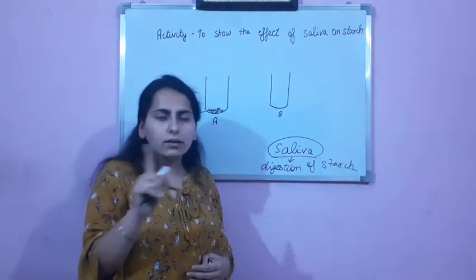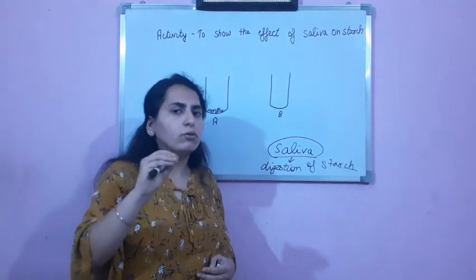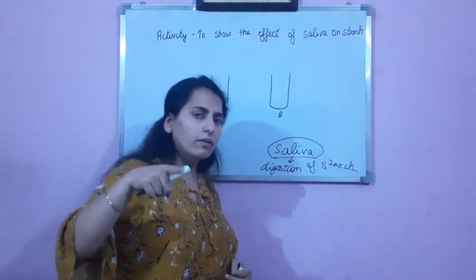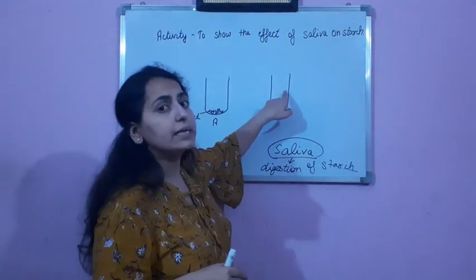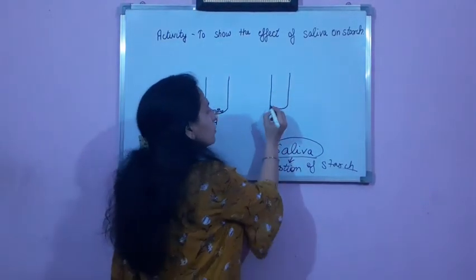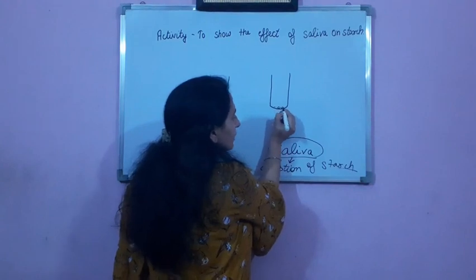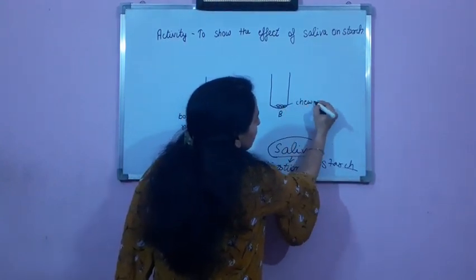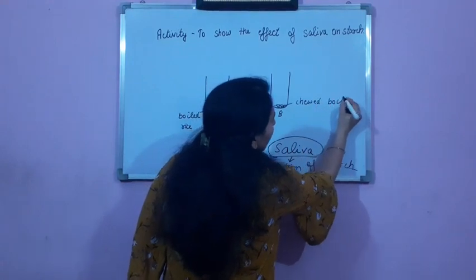Clear? Don't engulf it. Just chew it for 4 to 5 minutes, and then that chewed boiled rice we have to put in test tube B. So in test tube B we are having chewed boiled rice.